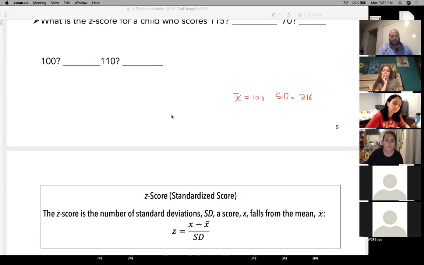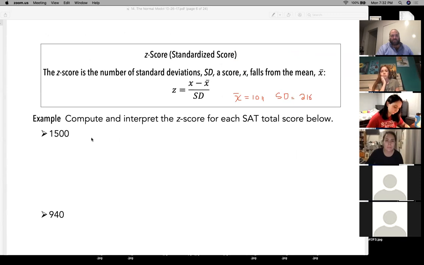Okay. So what will be the z-score for 1,500? You would do 1,500 minus 1,011 divided by 216. Excellent. You take your data point, which is 1,500.